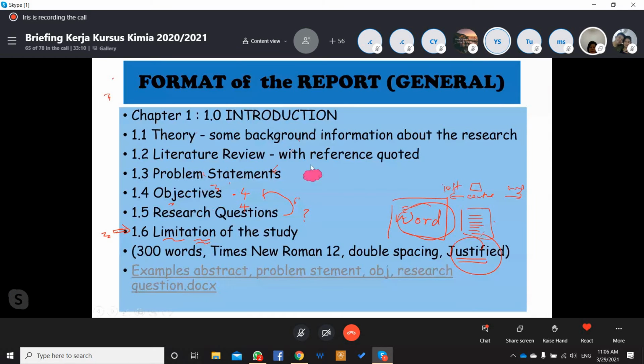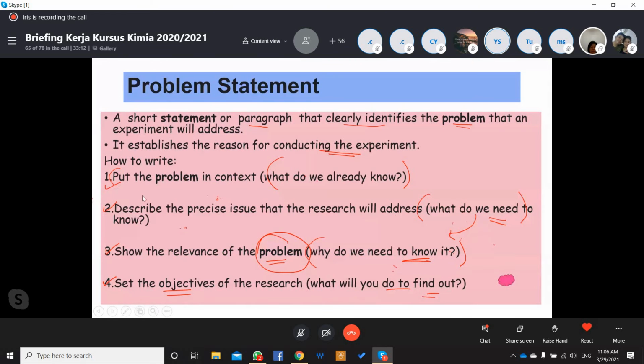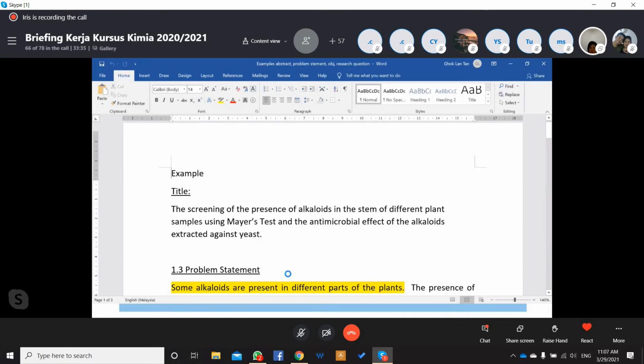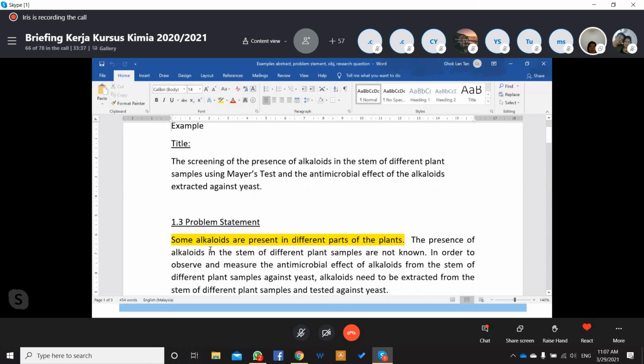Okay, go back here. What do we know? So this candidate know that, okay, some alkaloid memang present in different parts of the plant.